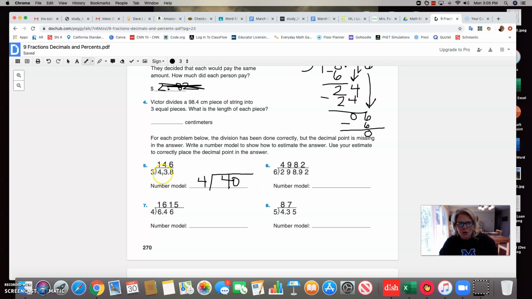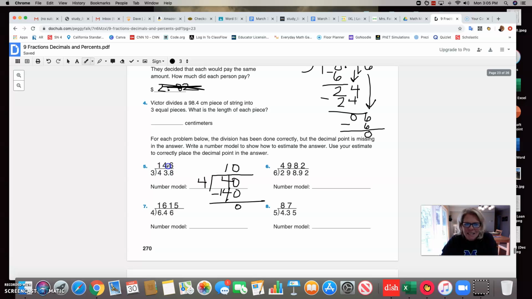So this would be 40 divided by 4, which would be 10. Okay, so where am I going to put my decimal up in my answer so that my answer is close to 10? Well, I wouldn't put it here because that's only $1 something. So I would put it here because that would be 14.6, which is close to 10.